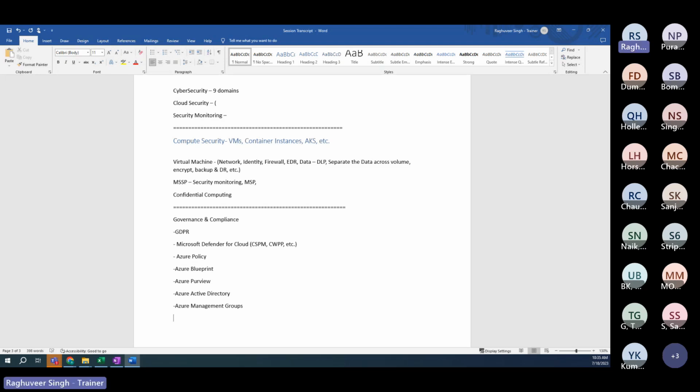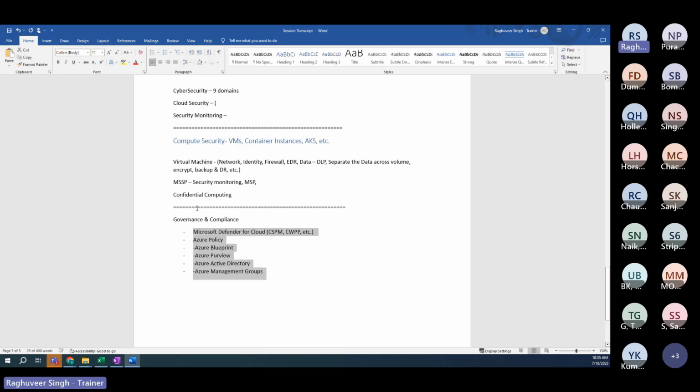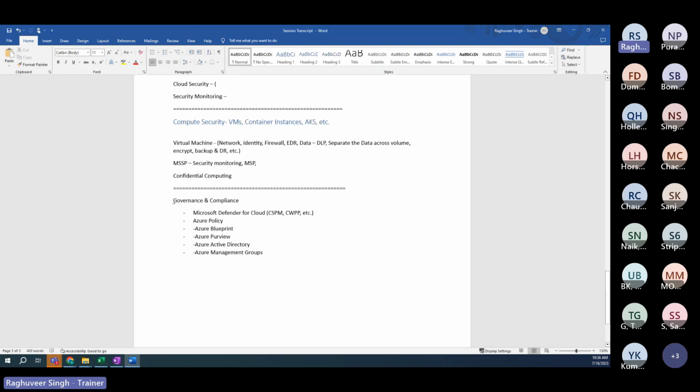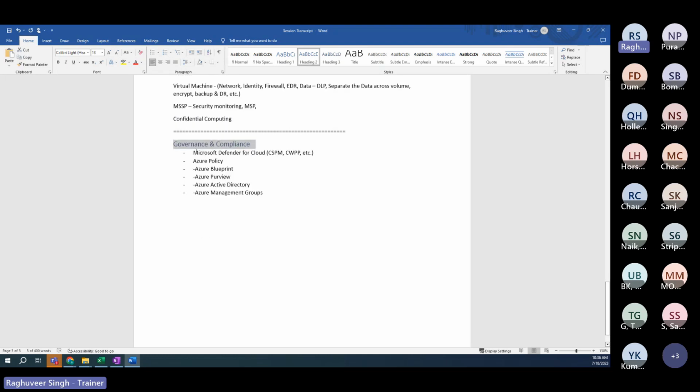So these are my services for governance and compliance in Azure. And logs from all of these services are sent to Sentinel. In any large enterprise, if they are using Microsoft Azure, you will find them using these services, and they will have enabled logging from these services to Sentinel for sure.